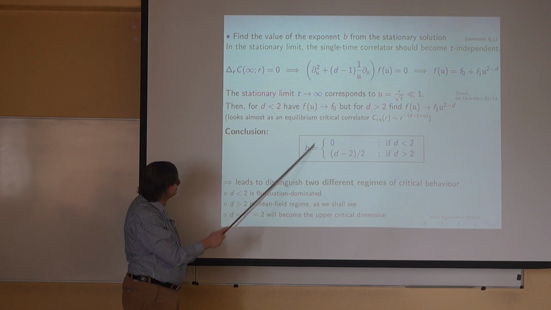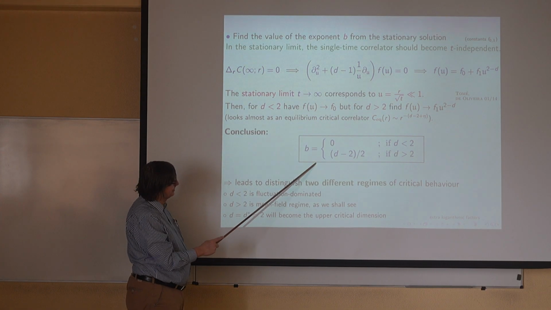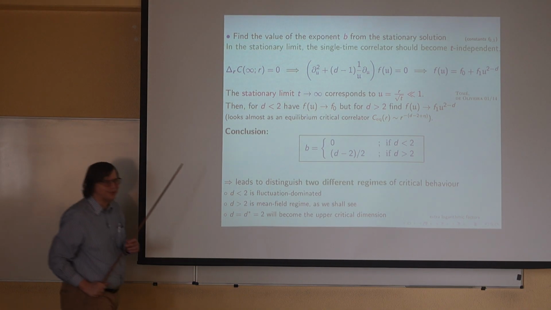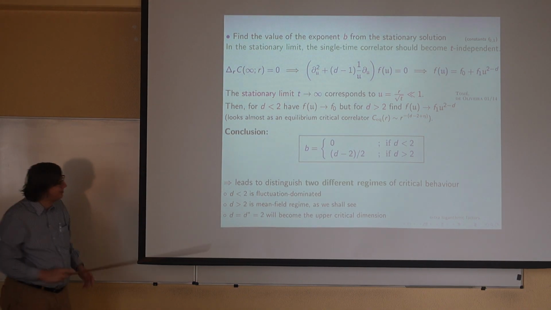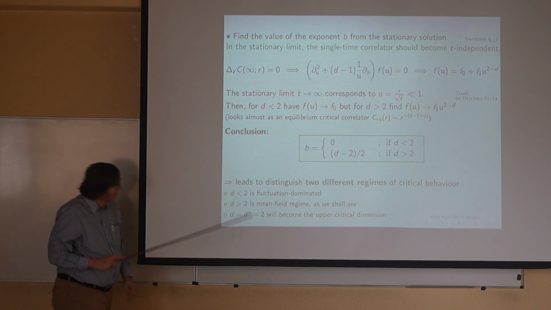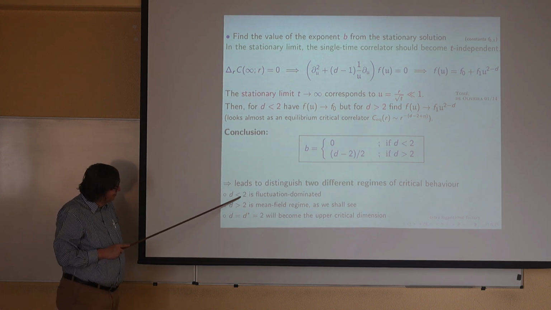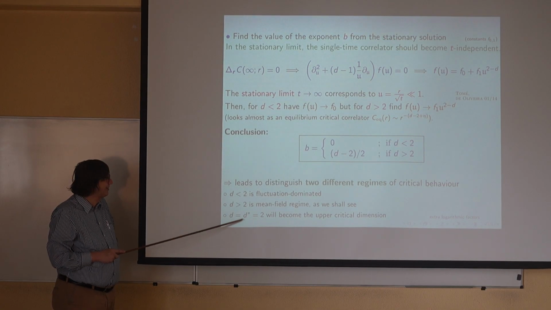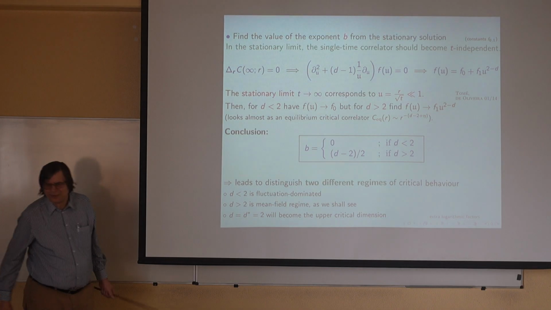So this exponent b, we can conclude as either of these values. And so we have to distinguish now between below 2 and above 2. Actually, we shall see, less than 2 is fluctuation dominated, larger than 2 will be mean field theory, and the other case is the arbitrary dimension.